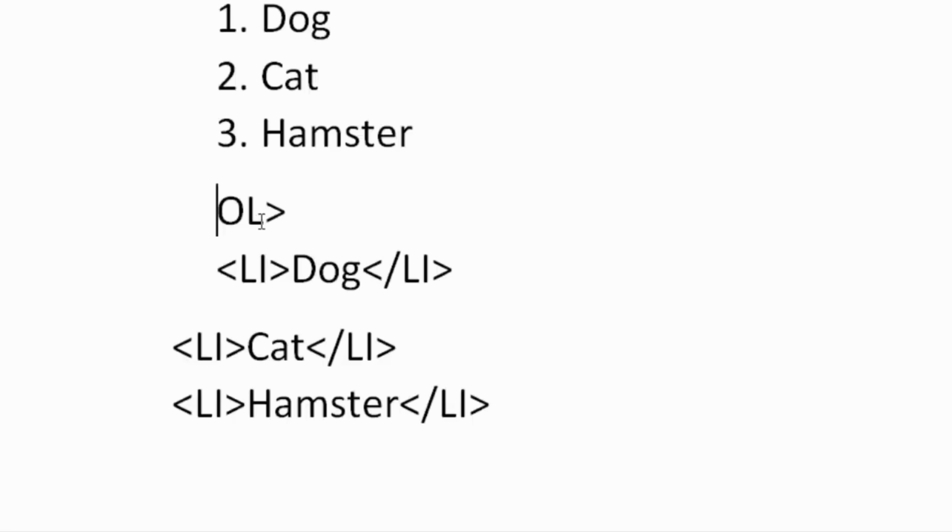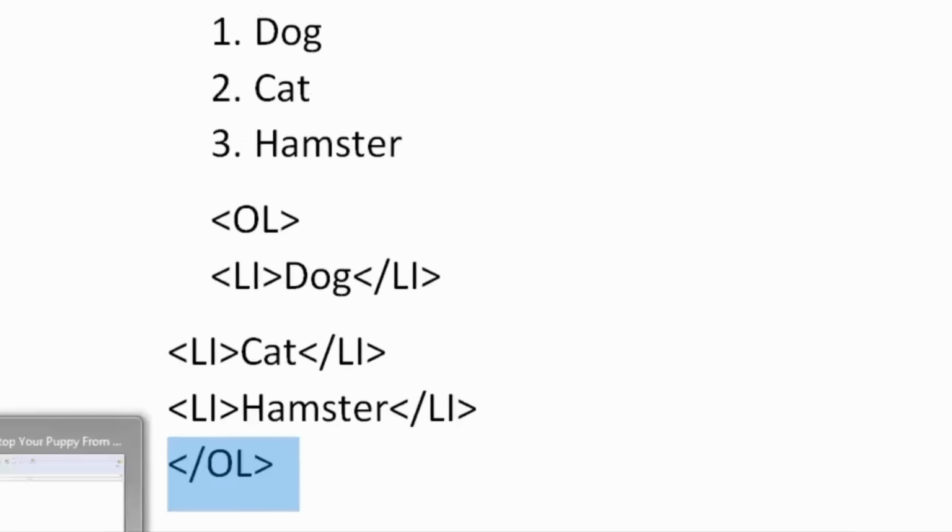Pretty simple. So we open this ordered list, we have the 3 items, and then right below that, we close the /OL. That's basically how to create an ordered list. Once you have that understanding of an unordered list and an ordered list, it's the same thing except for the open and close tag, or the main ones.